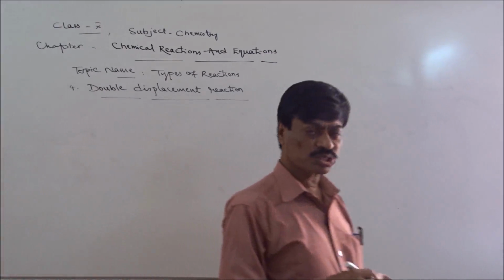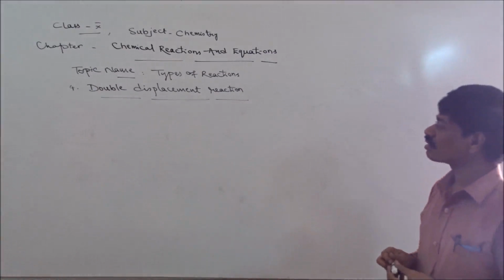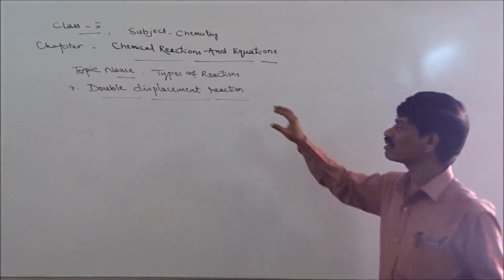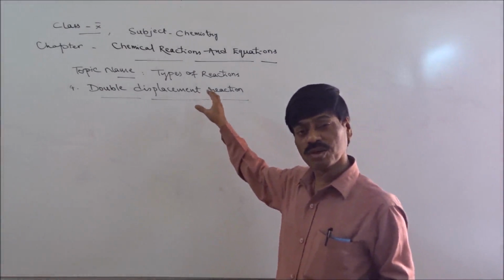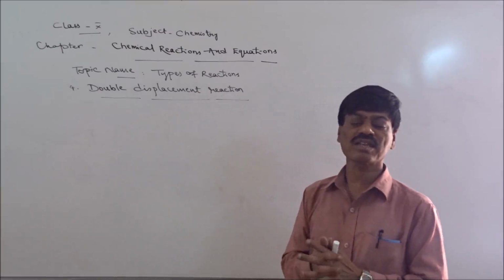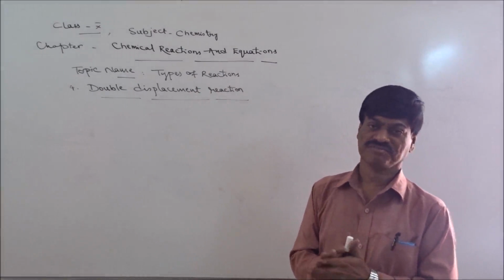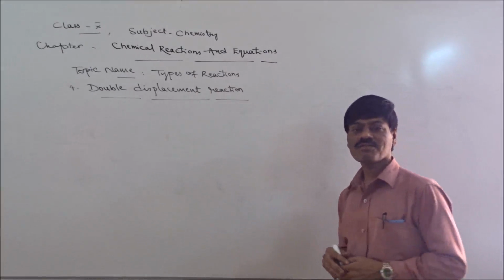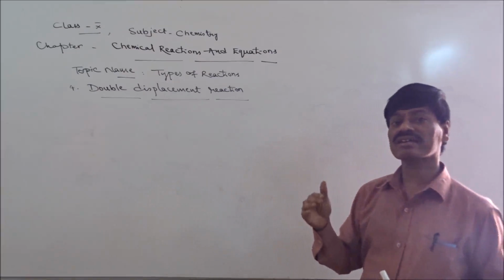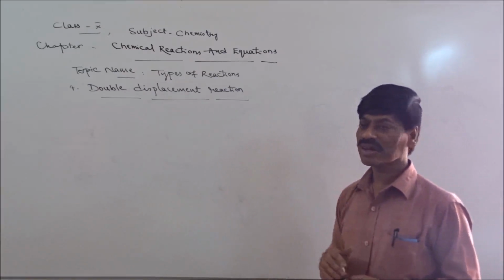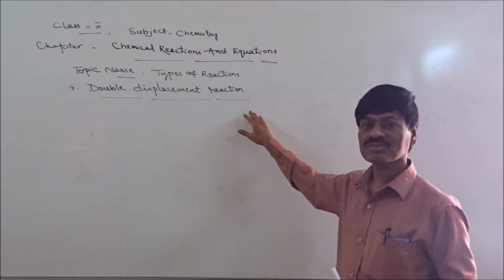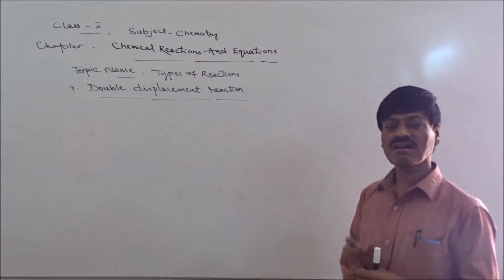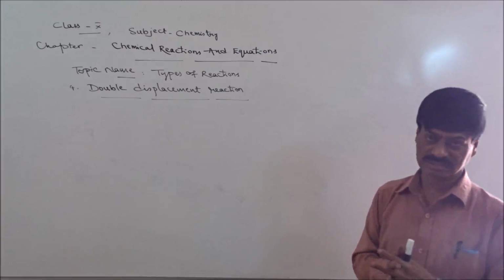Double refers to two. That means there must be two reactants in this reaction, and both the reactants should be in the form of compounds. In the previous reaction, one reactant was an element, the other reactant was a compound. And in this reaction, both the reactants are in the form of compounds.